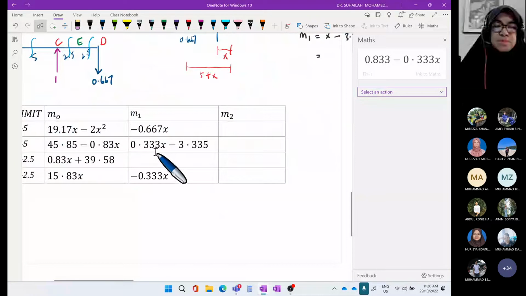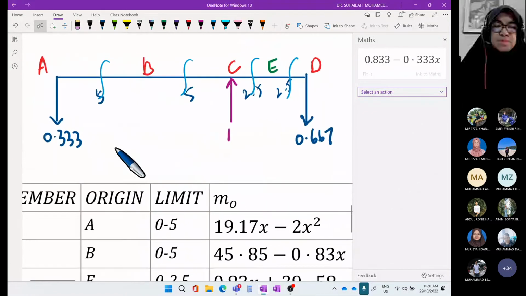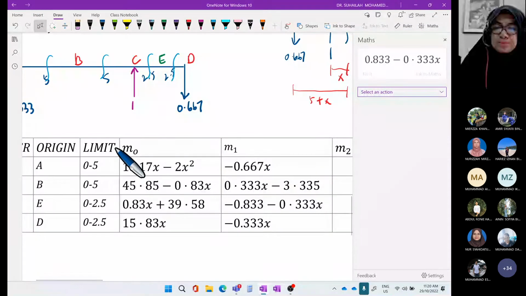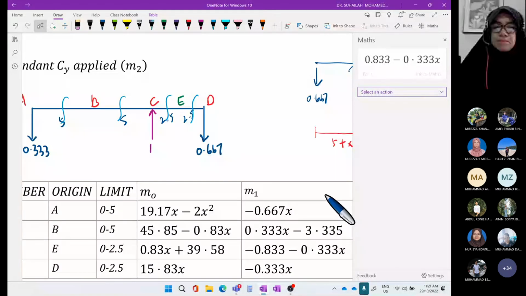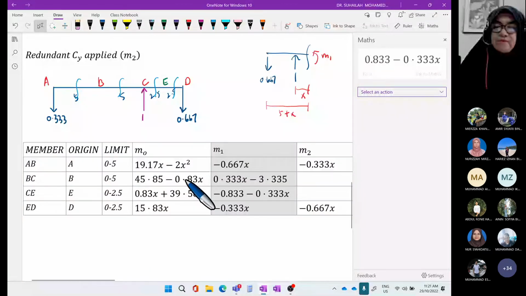Okay. So we will do the same for M2. M2 yang ni. Okay. AB is negative 0.333. Okay. DE also 0.667 negative. Okay. So we have to write the moment equation.